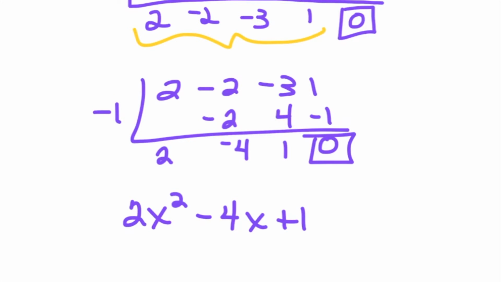If I multiply 2 times 1, the first coefficient times the constant term, there are no two numbers that multiply to +2 and add up to -4. That's not factorable. So I'm going to use the quadratic formula.